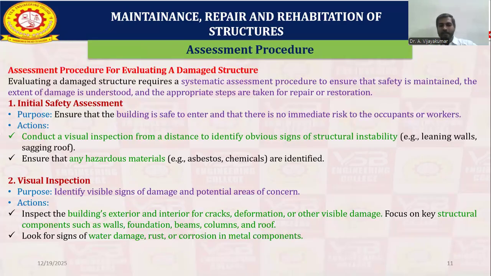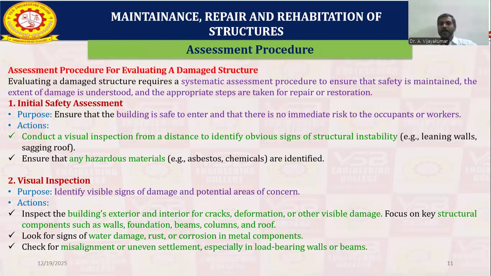Look for any signs of water damage, leakages, rust formation or corrosion of metal components, and observe properly. Check for misalignment or uneven settlement of the foundation, especially for load-bearing walls or beams. So this is only a physical inspection: just walk through the inside and exterior of the building.